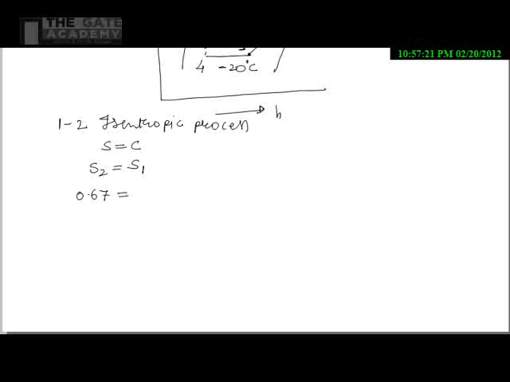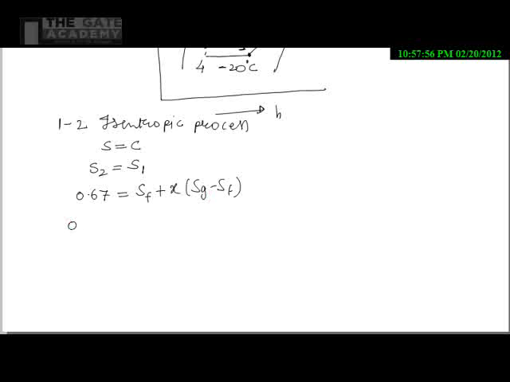For 1, state 1 is a mixture state, a combination of vapor and liquid. So for that I can write SF plus X into Sg minus SF. Now we put in the values for minus 20 degrees centigrade, because 1 belongs to minus 20 degrees centigrade.